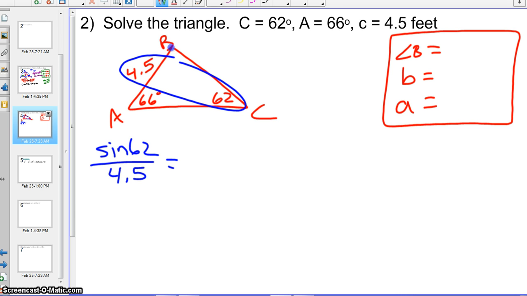And then when we are solving for side A, we can do the sine of 66 divided by the side of A. And then we could do a completely separate one for side B.